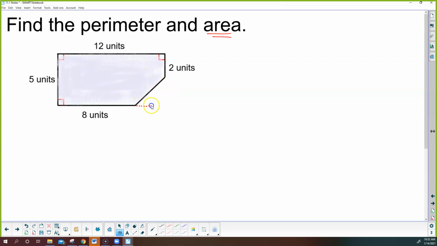But what I can do is what if this was just a rectangle with a triangle cut out of it? Well, in that case, then I would want to set up the area. My picture equation would be the area of the rectangle minus the area of that little triangle cut right out of it.